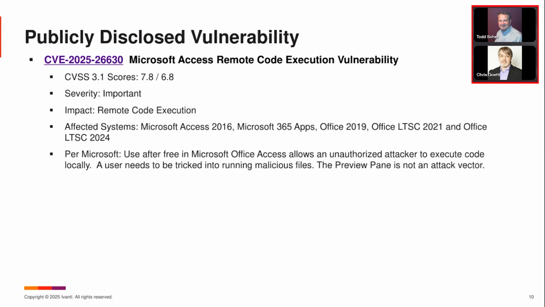All right. Now, not that this one is as devastating as any of the other ones. There was one public disclosure this month from Microsoft as well. This one is a remote code execution vulnerability in Microsoft Access.